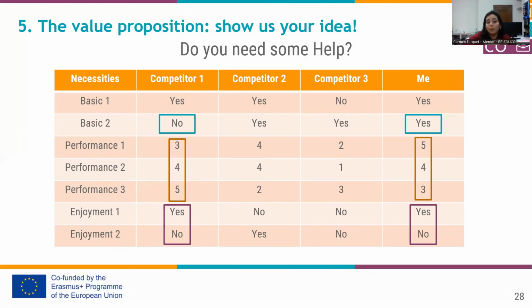So we have to put the focus on the basic necessities, and we can see that competitor 1 only meets 1 of the 2 basic necessities, while we meet both of them. So we can see that our solution is the winning solution, and that we have generated a value proposition that is better than the competitors' value proposition. In fact, it is the best.